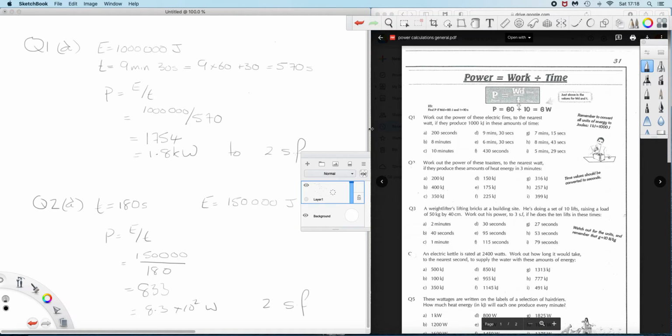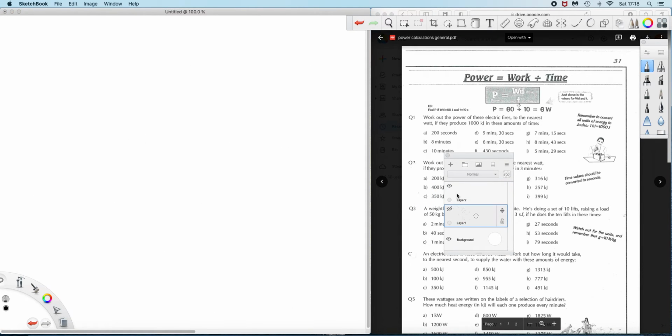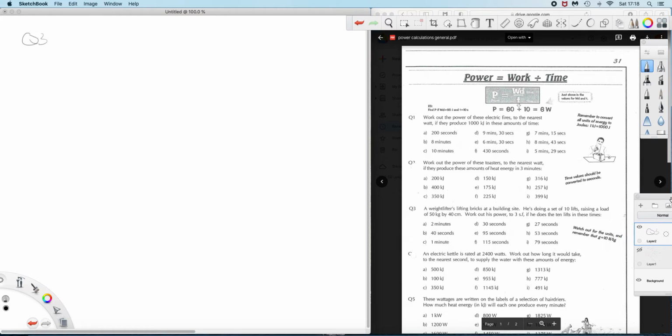Question 3. We have a weightlifter lifting bricks at a building site. He's doing a set of 10 lifts, raising a load 50 kilograms by 40 centimeters.